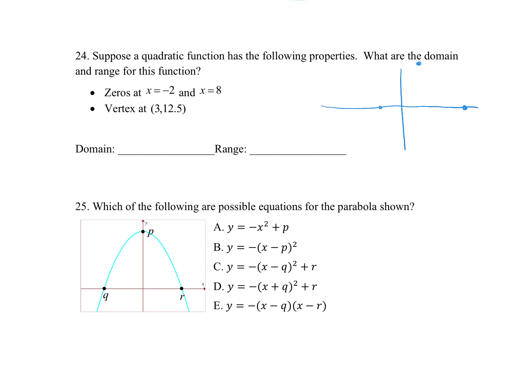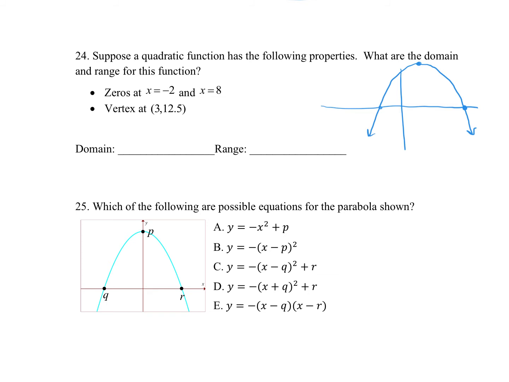Now, we know that it has two zeros, and we know that it's a quadratic function, and quadratic functions make a parabola shape. And if this is the vertex up here, like it tells us, it's going to look something like this. Now it wants to know the domain and range for this function. So when we talk about domain, it means all of the x values that work in a function, that don't make it go undefined or create imaginary solutions.